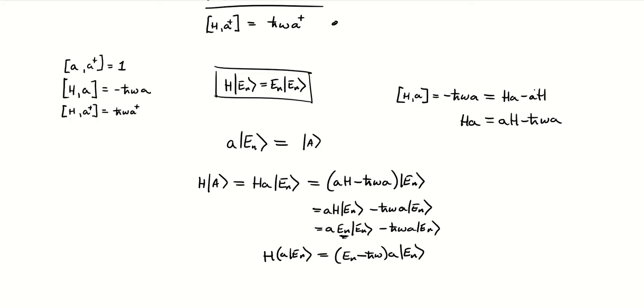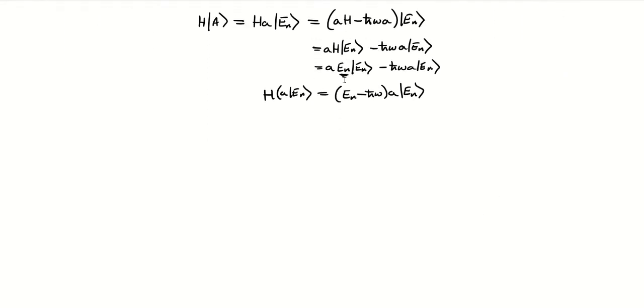And if we look at this, what we notice is this is actually an eigenvalue equation, right? H, the Hamiltonian acting on this state vector, gives us some constant, some eigenvalue, times that state vector, right? So the eigenvalue is h bar omega below what the eigenvalue of E_n is.